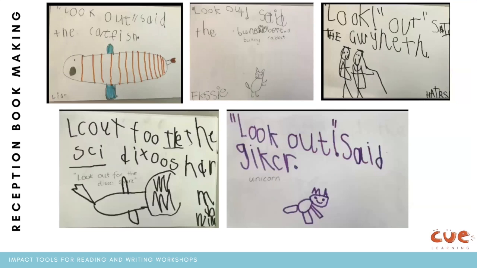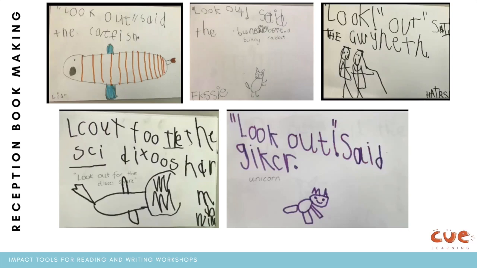This is an example now of a class making a book. So every child has created an A3 page. And so then these were, once every child had done their page, stapled to make a class book. And you'll notice that the teacher has written beneath some of the words. So in the second slide, "look out, said the bunny rabbit", and the teacher has written the word beneath.